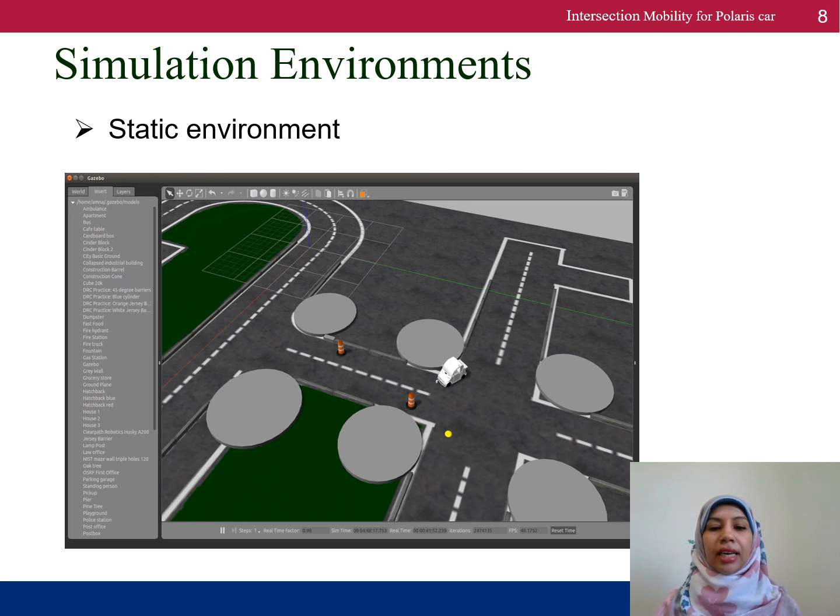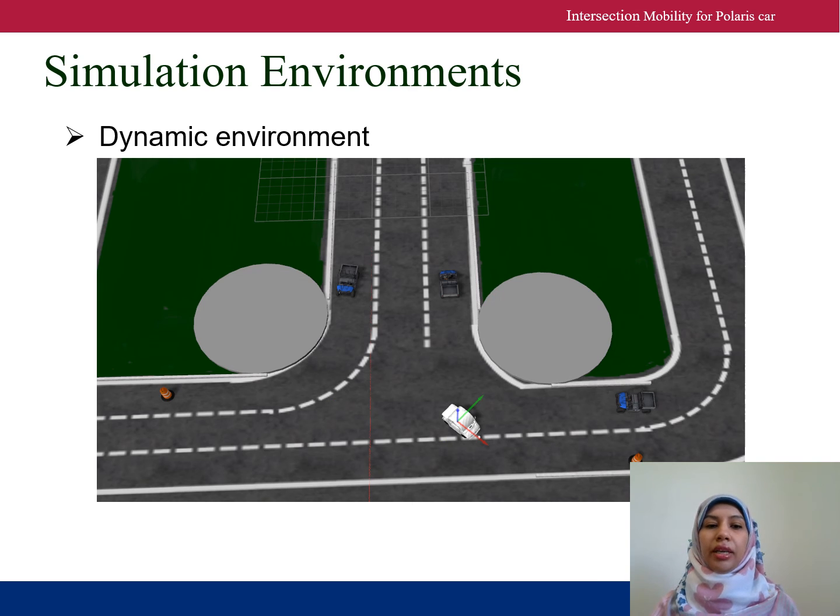By static, we mean that there are no nearby cars in the adjacent lane when the car turns right or left. And by dynamic environment, we mean that there are some nearby cars in the lanes adjacent to the departure or arrival lanes when the car turns right or left at the road intersection.